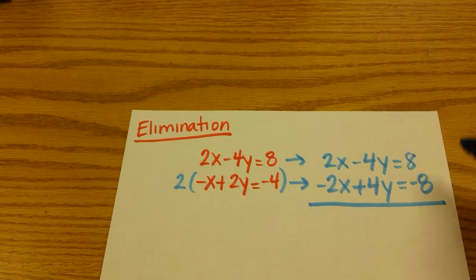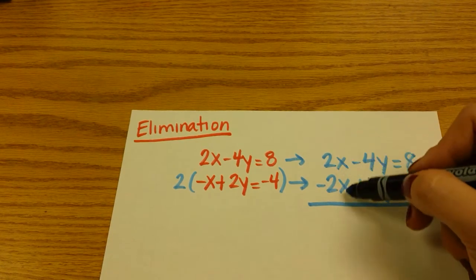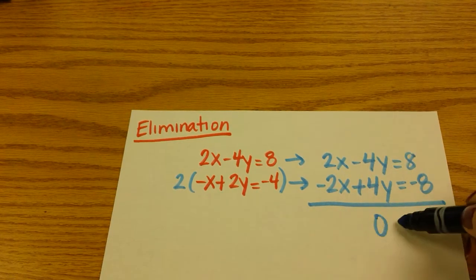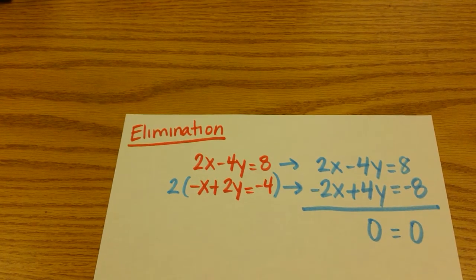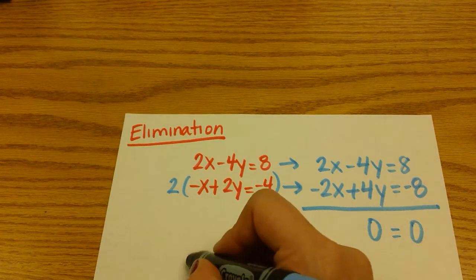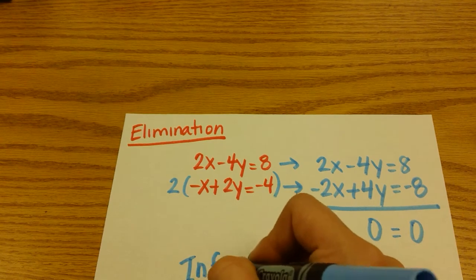When you add straight down, what you're going to notice here in this example is you end up getting 0 equals 0. Okay? When this happens, you get a true statement whenever you're solving these systems of equations and your variables cancel out. There are infinitely many solutions.